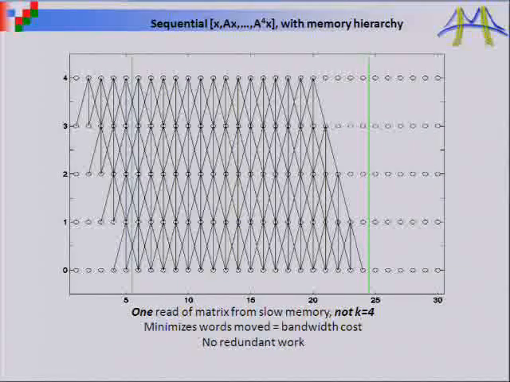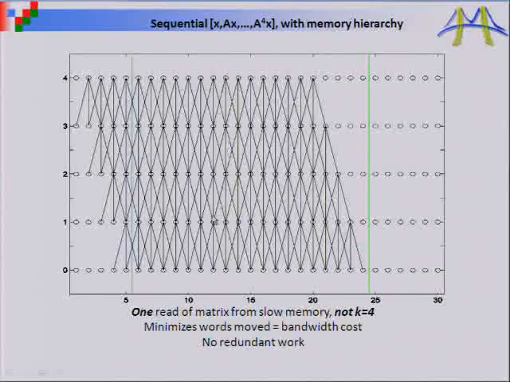I was claiming that I only have to read my tridiagonal matrix once from memory to compute all of these. So here's the idea. Imagine that I have a very wide tridiagonal matrix, and I'm only showing you a little bit in the middle. And so I'm breaking it up into pieces. And suppose that I've finished computing all of the entries of Ax, A squared x, A cubed x, and A to the fourth x for the first part of the matrix.